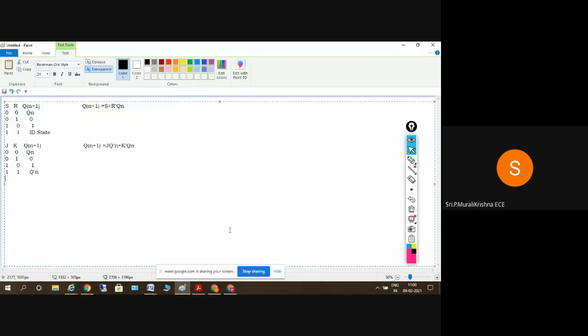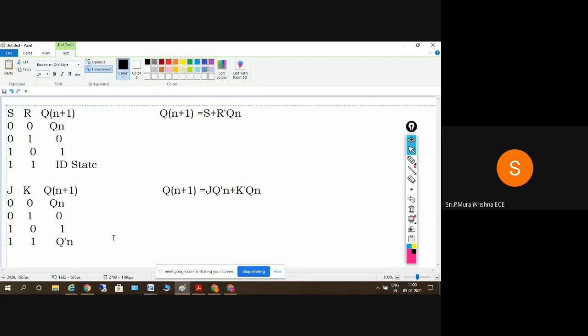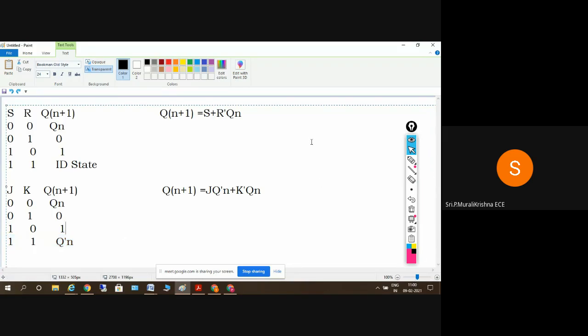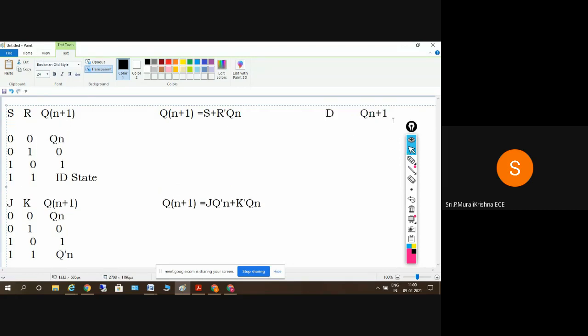The next case is the D flip-flop. For D equal to 0, Q of n plus 1 is 0, and for D equal to 1, Q of n plus 1 is 1.